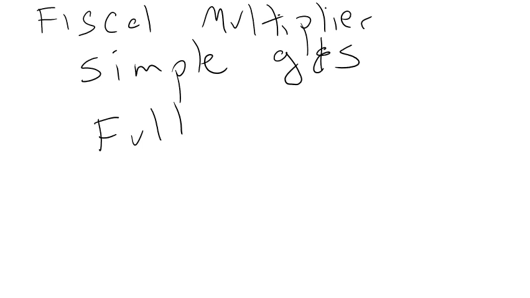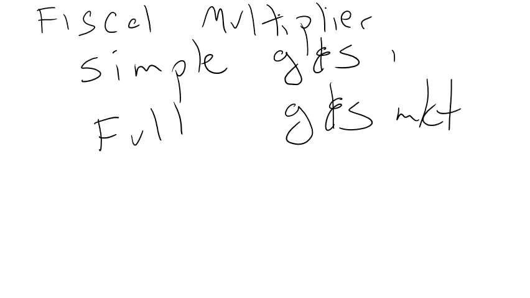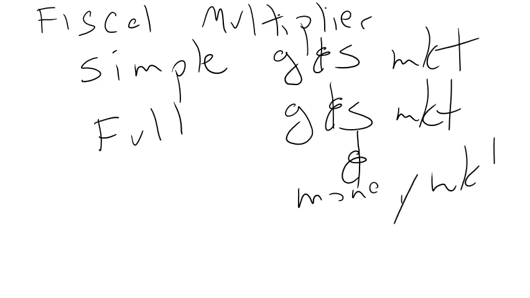So it ignores the influence which interest rates have on the economy, on the multiplier, you can put it that way. The full fiscal multiplier, on the other hand, considers both the goods and services market and the money market.